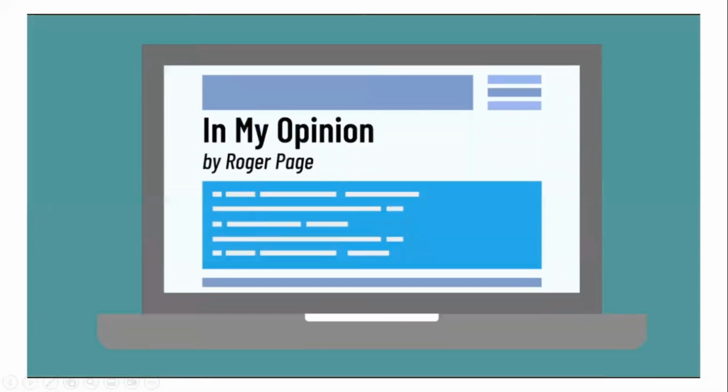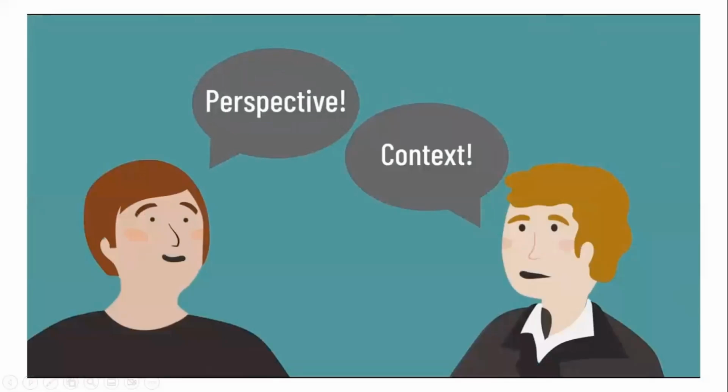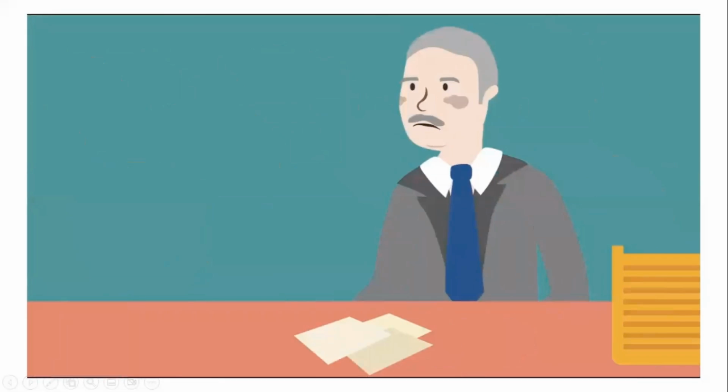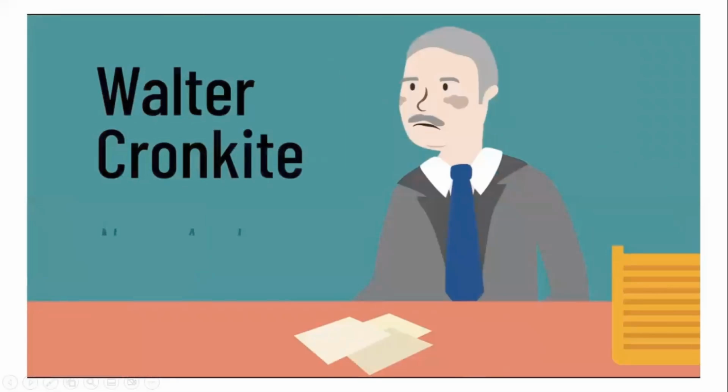Just to be clear, opinions are not inherently bad things when it comes to reporting the news. They can provide new context or a different perspective. Opinions have also played an influential part in history, such as when news anchor Walter Cronkite shared his personal views on the Vietnam War in 1968. Of course, perspectives like that were typically designated as opinion.